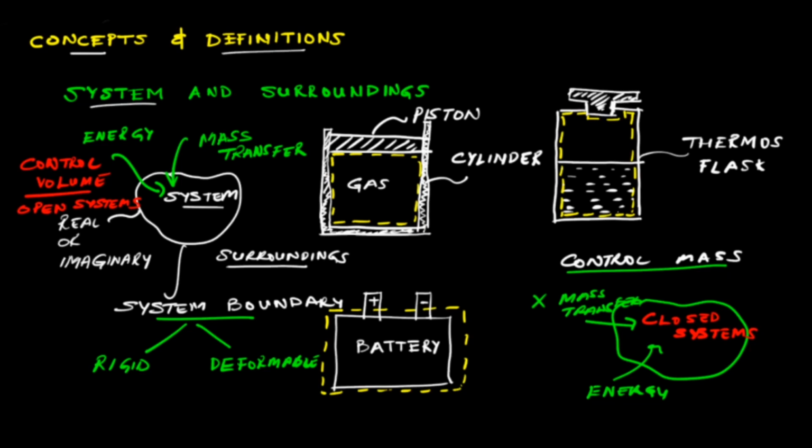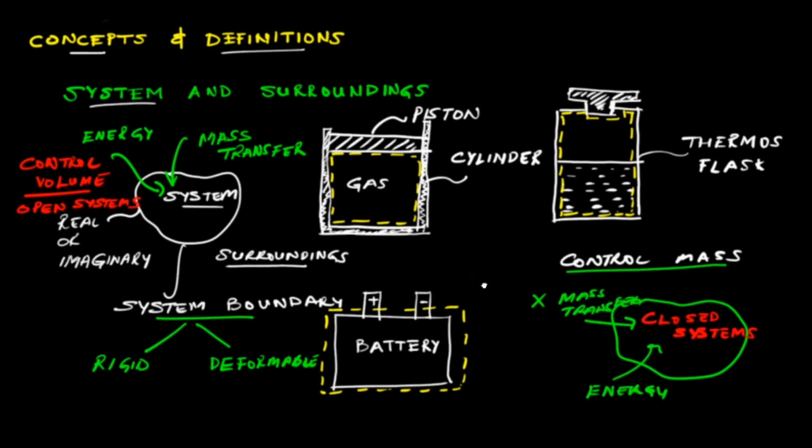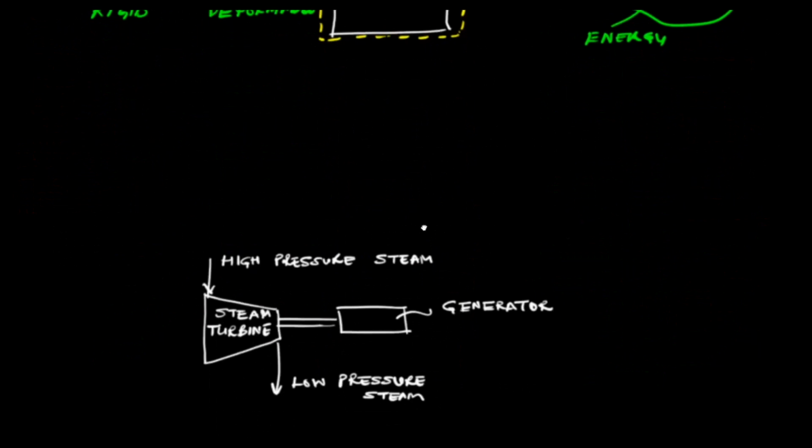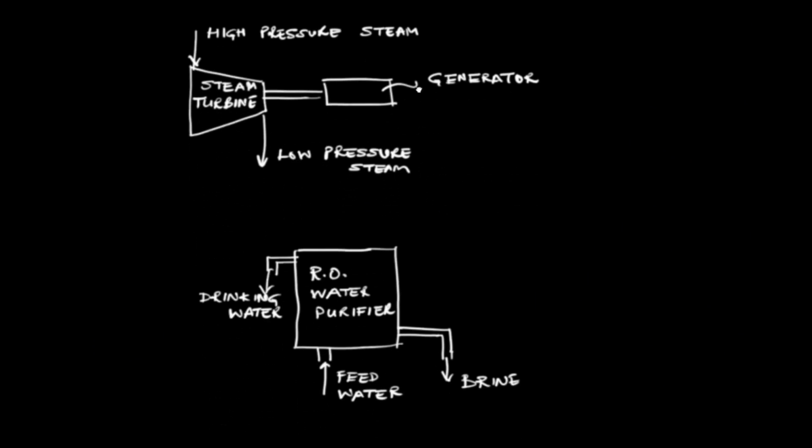So the examples that we see over here are all examples of closed systems because there is no mass transfer across the system boundaries that we have marked by this yellow dashed line. So let us look at examples of some control volume systems or open systems. And these terms are used interchangeably.